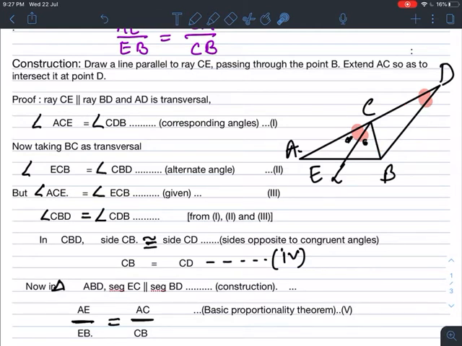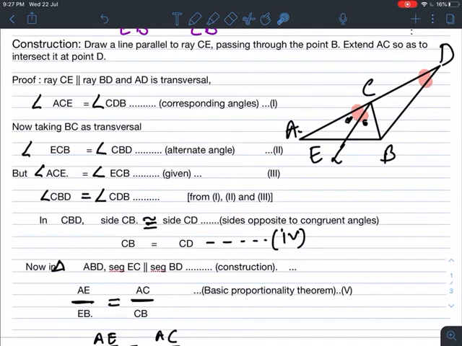So we have studied the property of isosceles triangle. If in an isosceles triangle two sides are equal, then the angles opposite to them are equal, or its converse: if angles are congruent, then the sides opposite to these congruent angles are equal. So here these angles are equal, so their opposite sides are also equal.